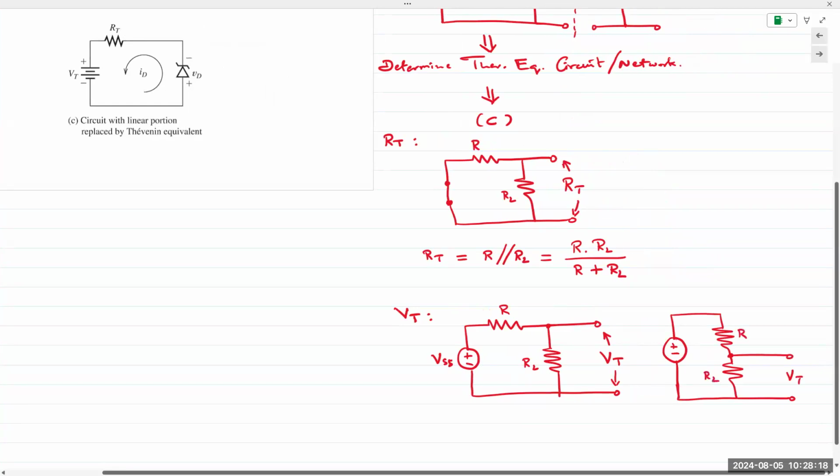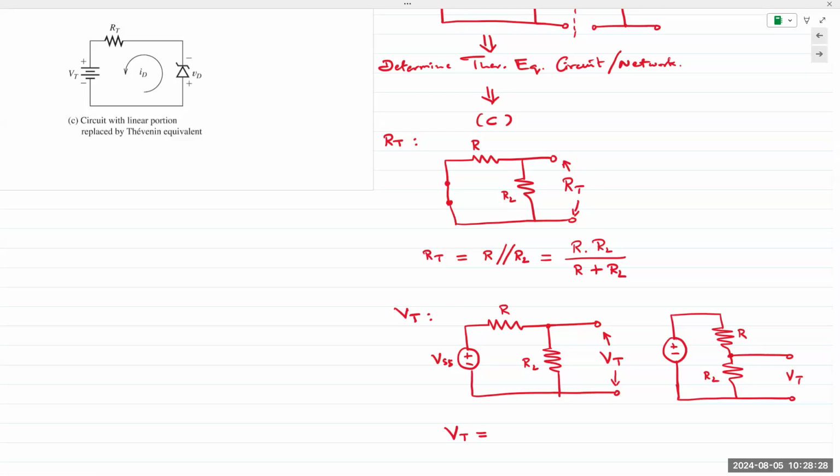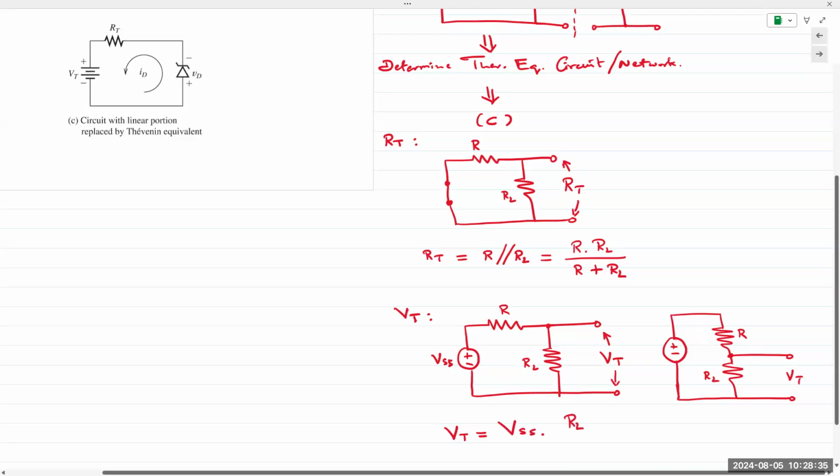When you have resistors in series, a fraction of that voltage appears across each resistance. So in this case, voltage across RL would be a fraction of VSS, and the fraction is given by the ratio of RL to REQ, meaning RL divided by R plus RL.